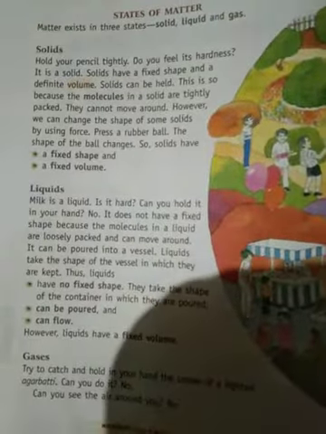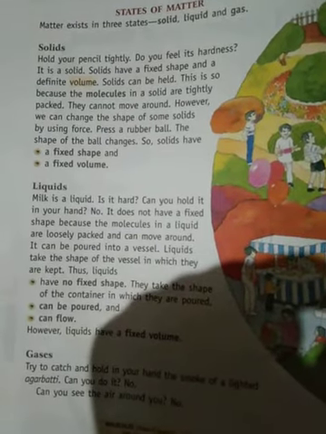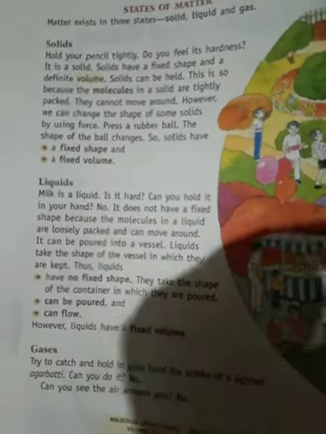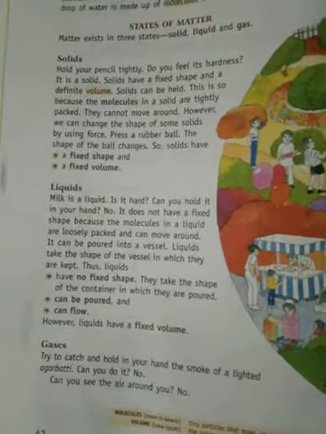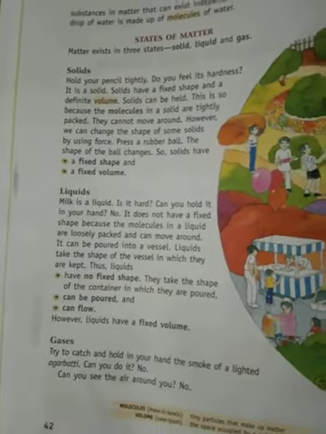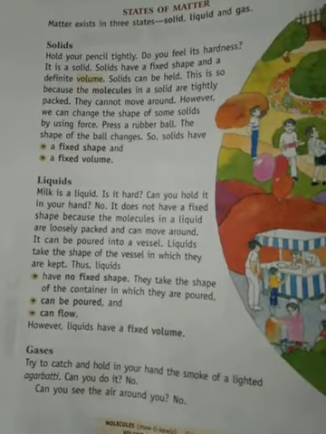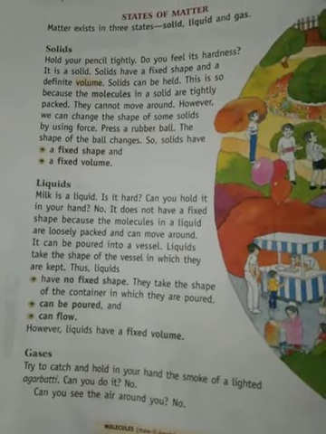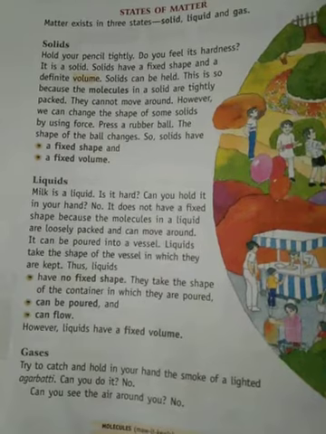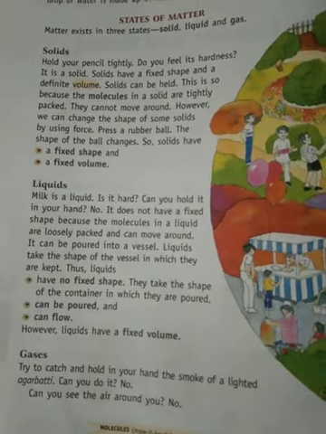Okay, come to this point. Solid. Now what is solids? Hold your pencil tightly. Do you feel its hardness? It is a solid. That means solids have a fixed shape and a definite volume. Solids can be held.